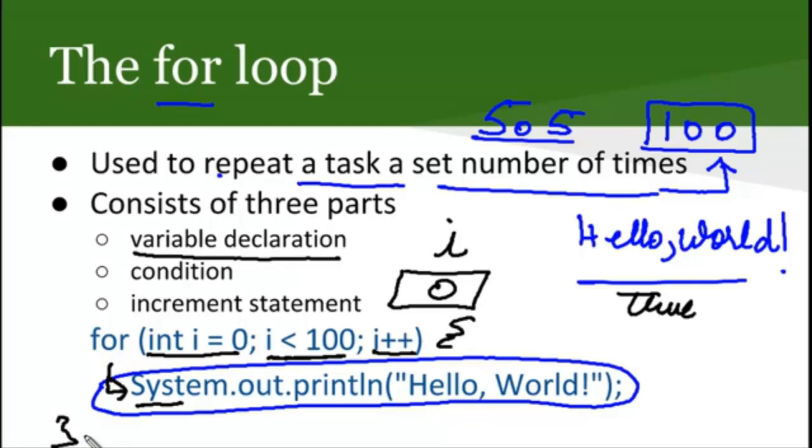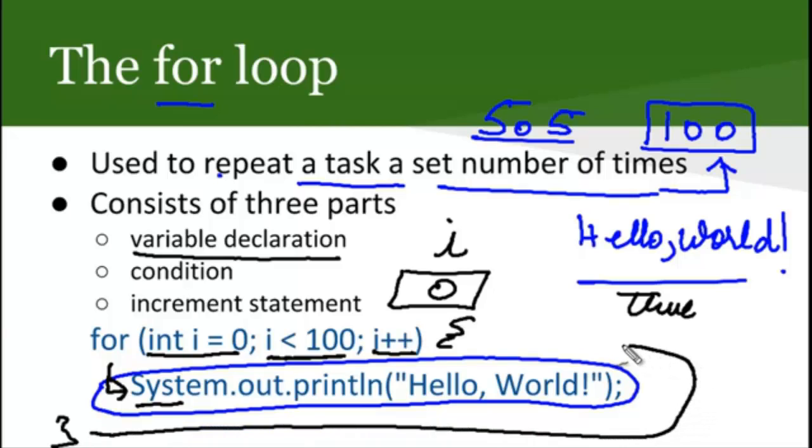Now once that statement is executed one time, the flow goes to i++ and a value is added to i. So i now becomes 1. After this again, this condition is checked. See, the second step is the condition and the third is the increment statement.